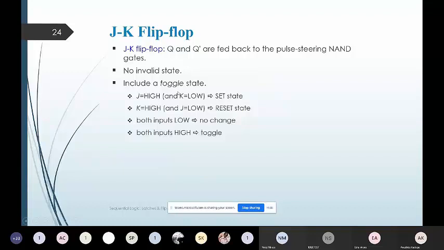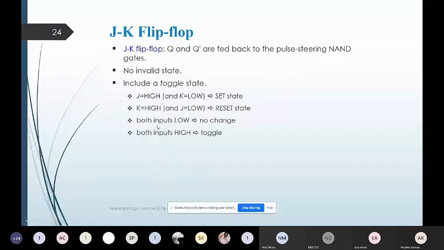So the JK flip-flop will basically have two stable states, with a toggling mode of operation when both J and K inputs have the value one. Here I have mentioned the table with J value as high and K value as low. That state of the flip-flop is said to be the set state, while K value as 1 and J value as 0 is marked as the reset state.